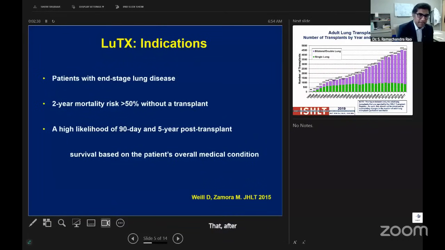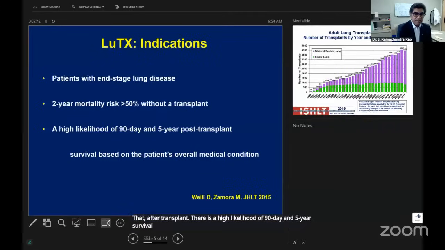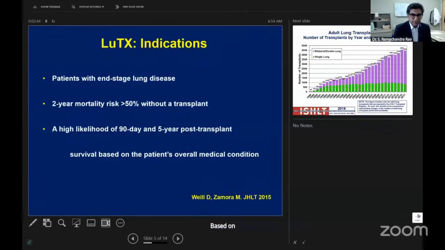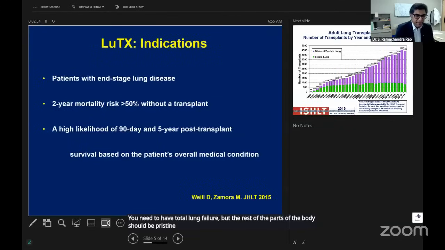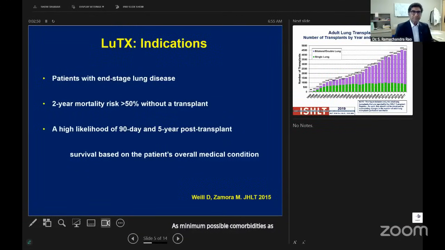After transplant, there is a high likelihood of 90-day and 5-year survival post-transplantation based on overall patient's medical condition. What this exactly entails and means is you need to have total lung failure, but the rest of the parts of the body should be pristine and in working condition, meaning as few comorbidities as possible.